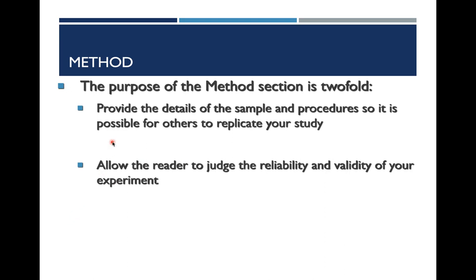So we want to think about the method section as having this first purpose, right? Provide the details so it's possible for other people to replicate your study. But then additionally, your method section with all of this information allows the reader and the world at large to judge the reliability and validity of your experiment. Like maybe you made a decision to use already existing autism diagnoses for your study.